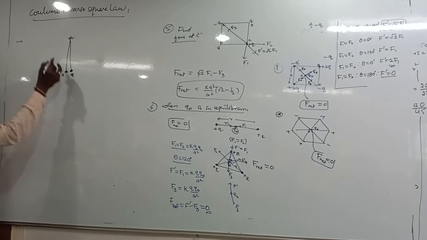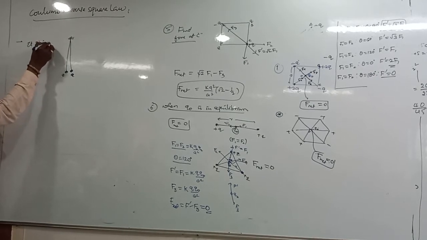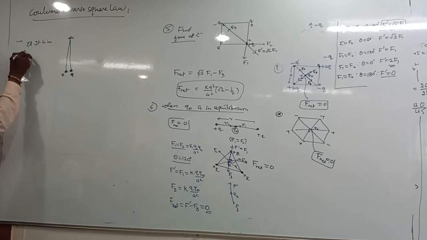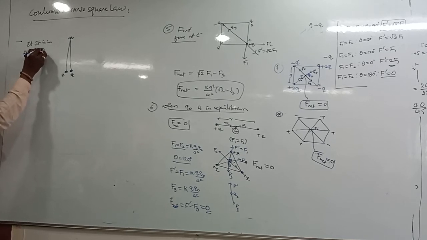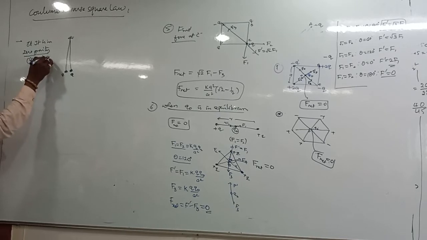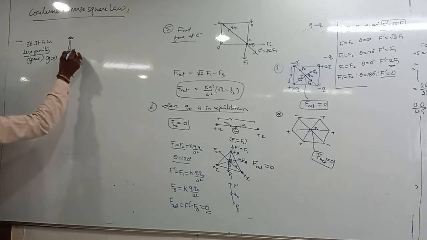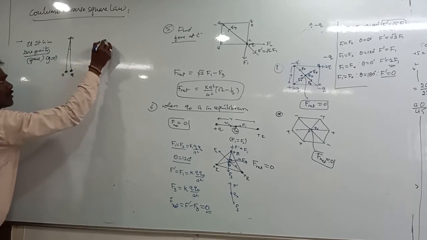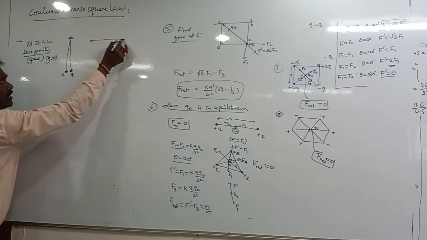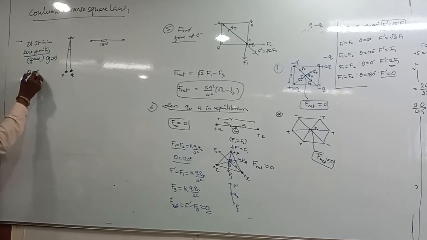Then here, if it is in zero gravity or in space where g is equal to 0, what is the angle between them here? This will be 180 degrees. The angle between these two, we can write, is 180 degrees.